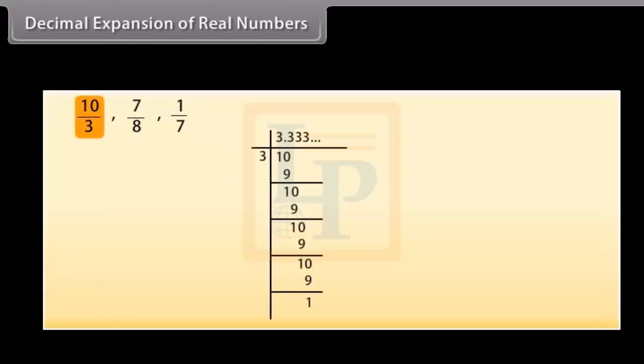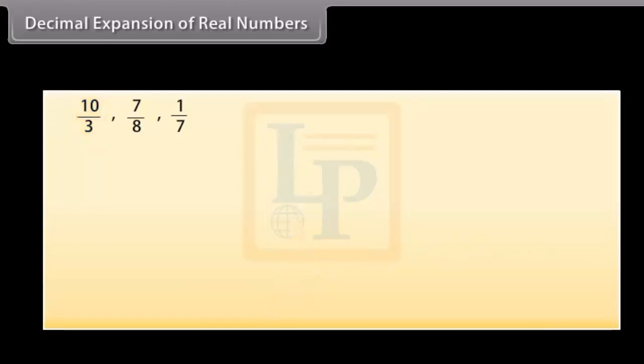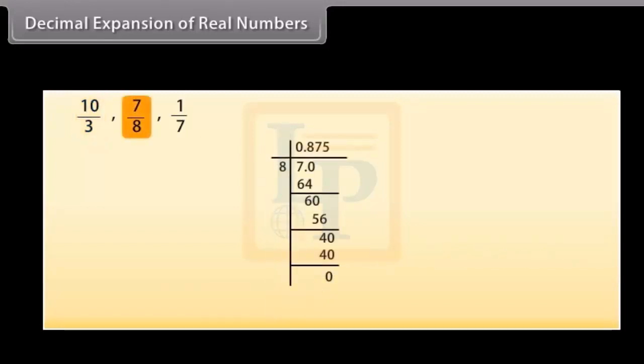Here we can see the decimal expansion of 10 by 3, where we get remainder 1, 1, 1, 1, 1. Similarly, the decimal expansion of 7 by 8 gives remainders 6, 4, 0.